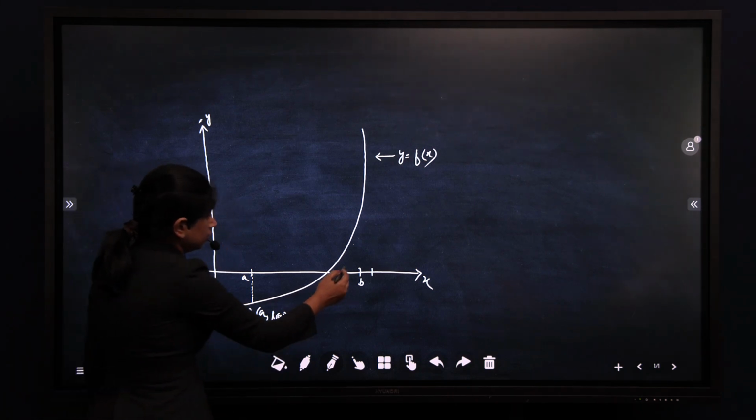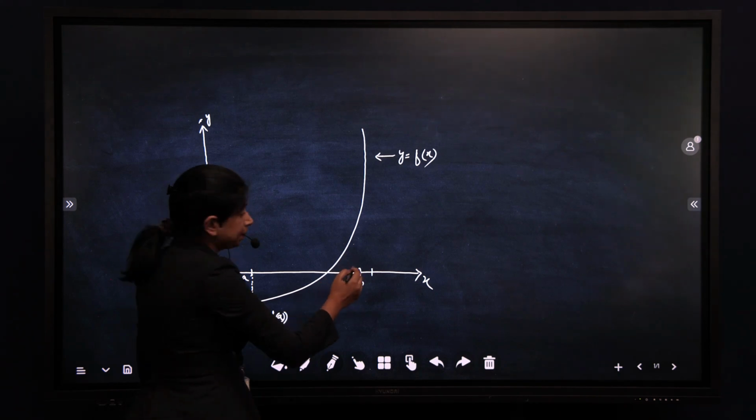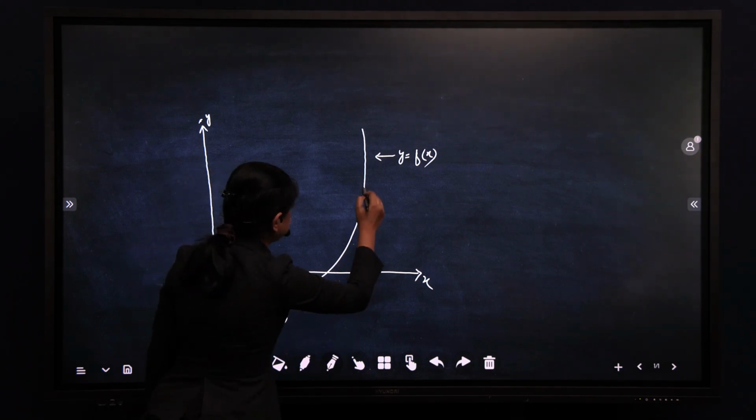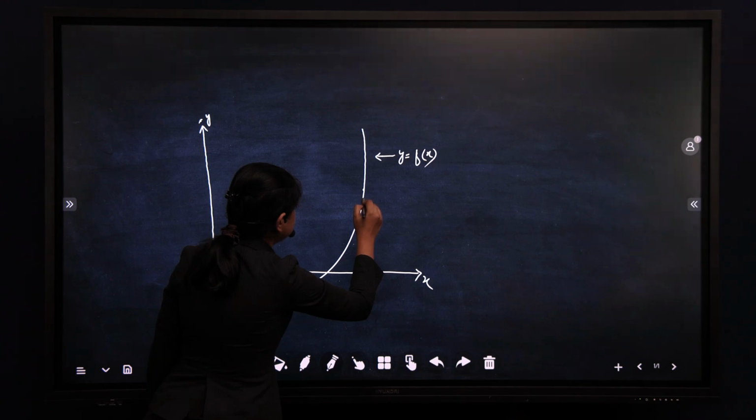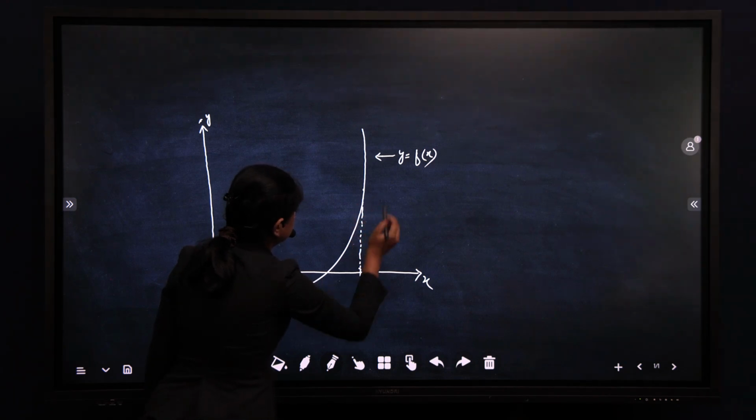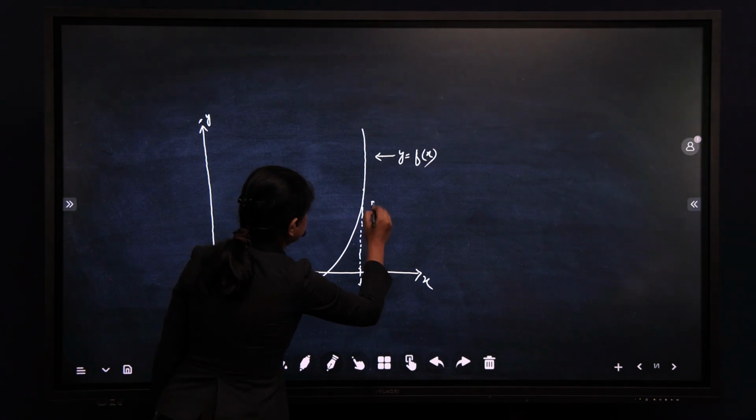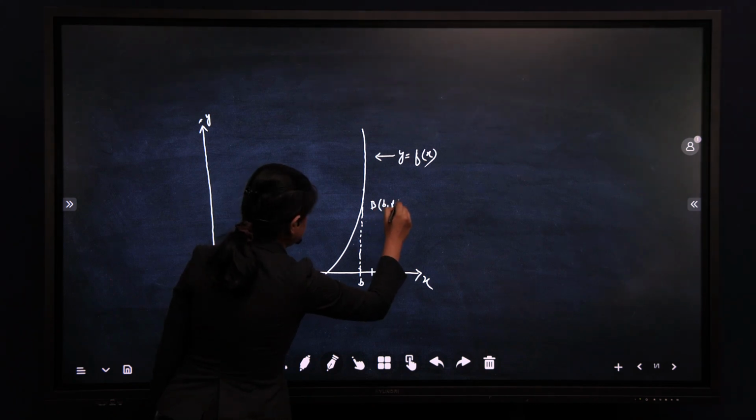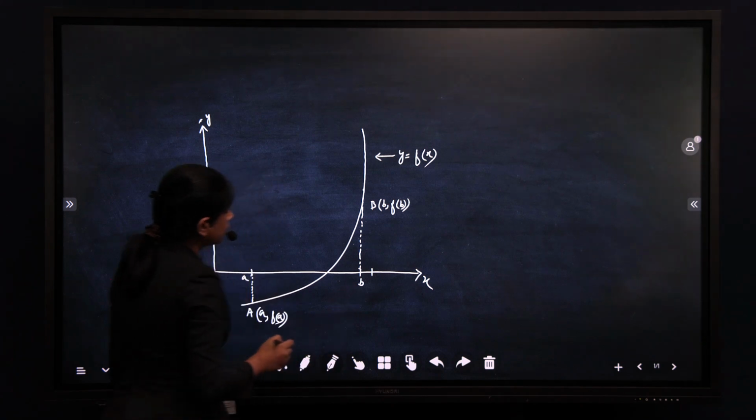Next, for this point b, where will the function value lie? The function value will lie somewhere here. So I am denoting it by (b, f(b)).